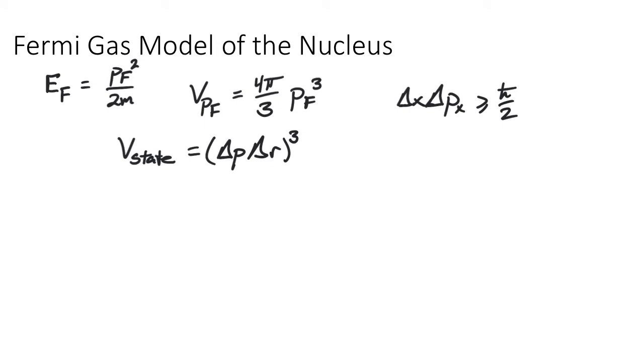So each nucleon can only occupy one of these little chunks of phase space, and that's using both the Heisenberg uncertainty principle and the Pauli exclusion principle.